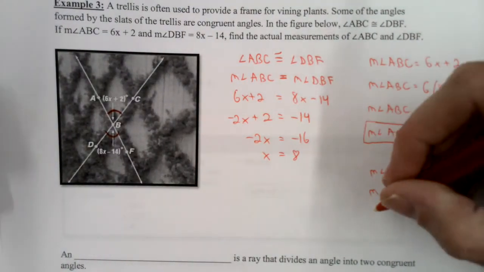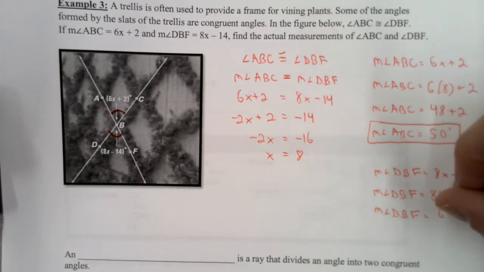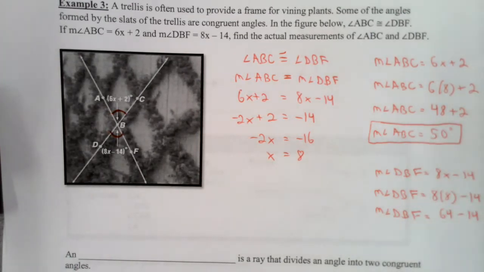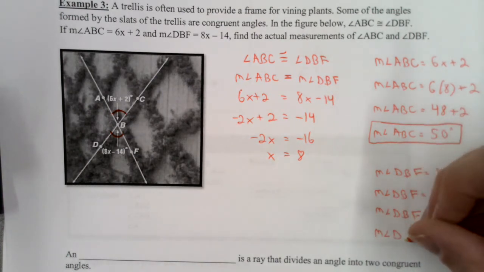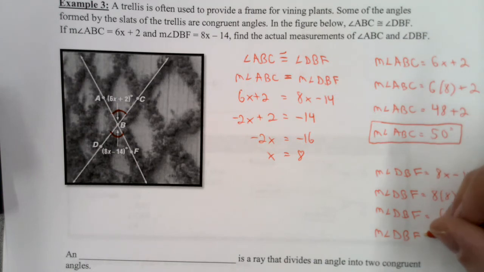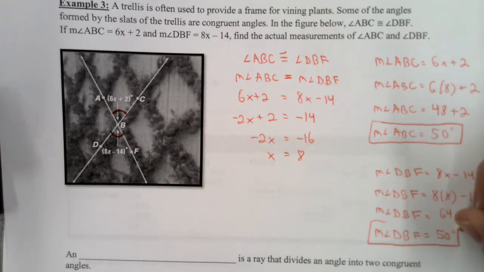Eight times 8 is 64. 64 minus 14 is 50. Again, look how I'm writing the answer. Measure, little m, angle DBF equals 50 degrees. Notation is very important in geometry.